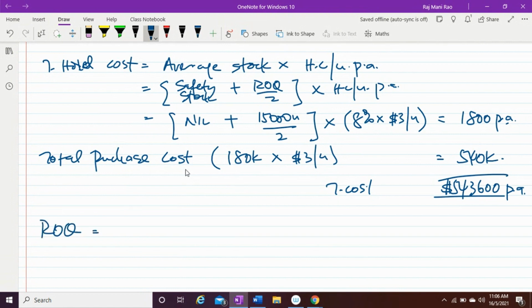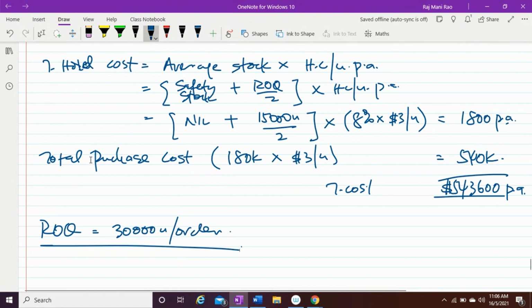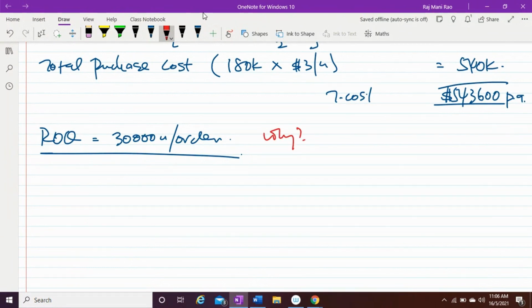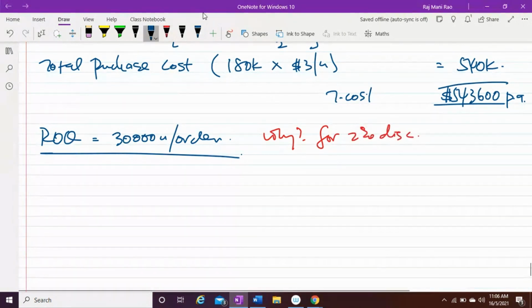Now we look at reorder quantity, 30,000 units per order. Why 30,000? Why do you want to order 30,000? For 2% discount, isn't it?